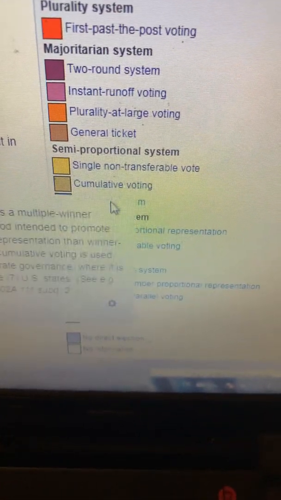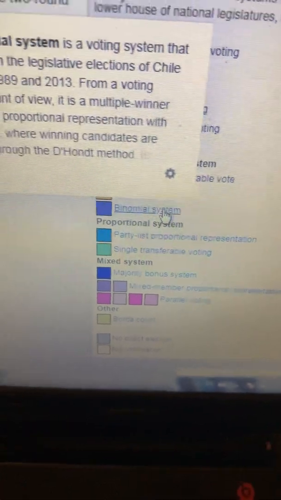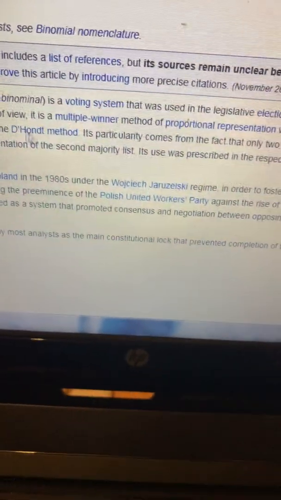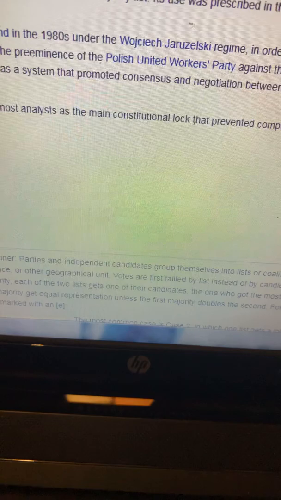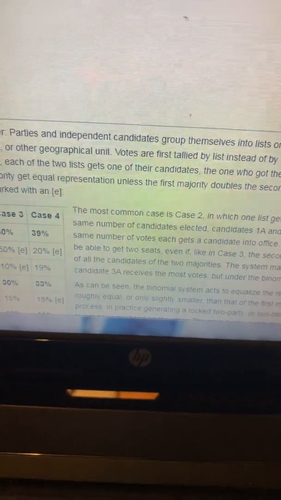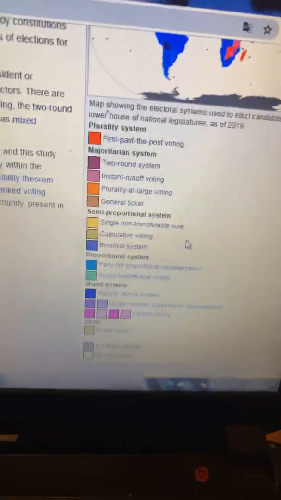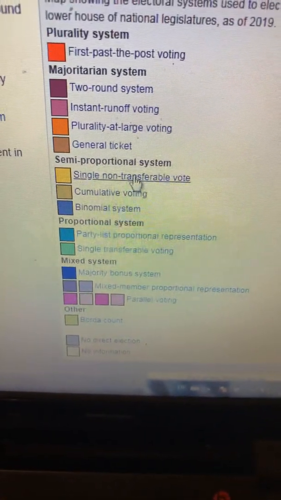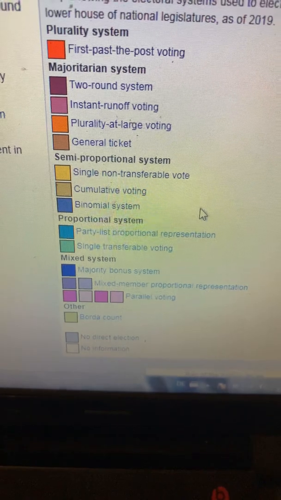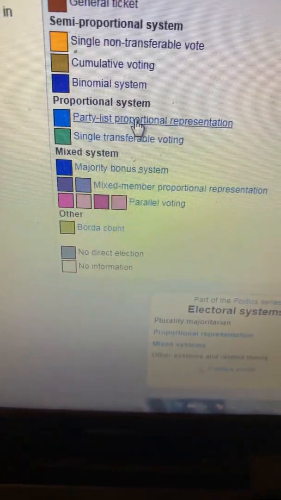When we see single, no, yeah, proportional party list.